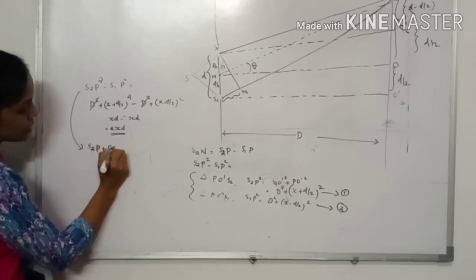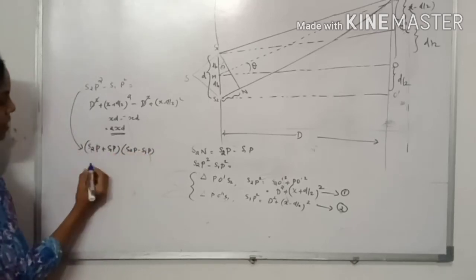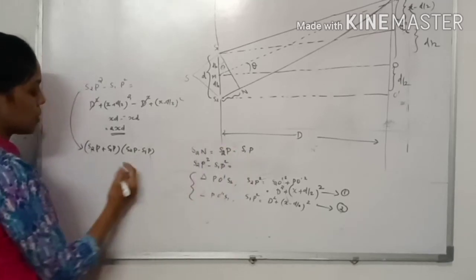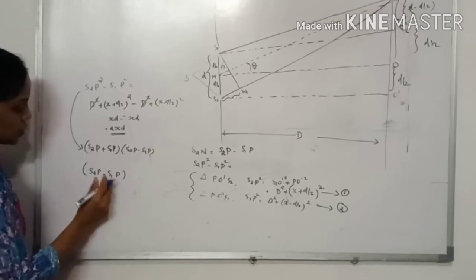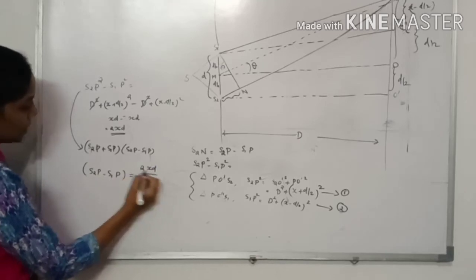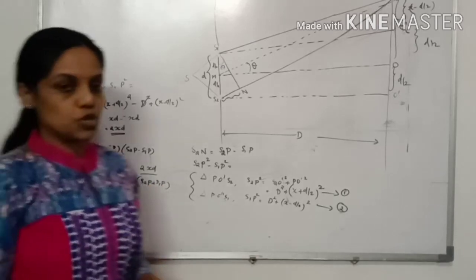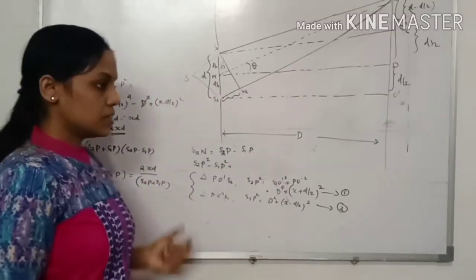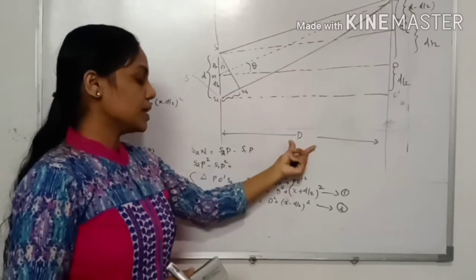So we can write S2P square minus S1P square is S2P plus S1P into S2P minus S1P. So this is what we have to find, S2P minus S1P, which is equal to 2xd divided by S2P plus S1P. Here we are making an assumption that S2P and S1P are approximately equal to the capital D, the distance between the screen and the sources.